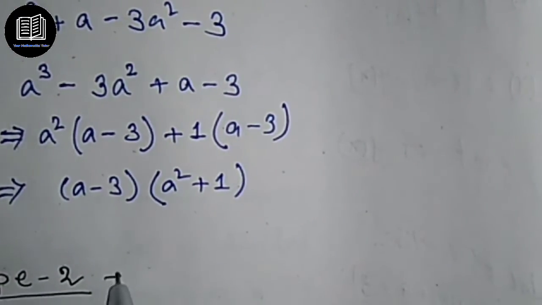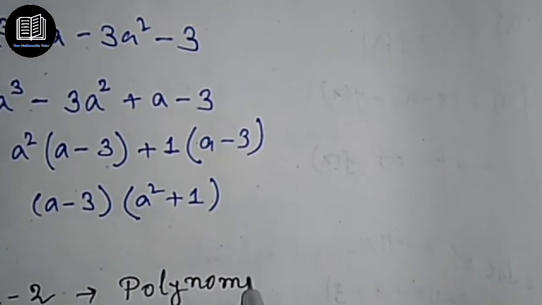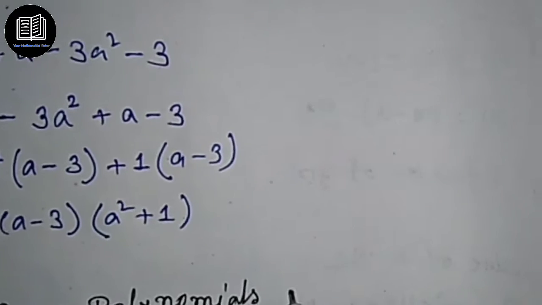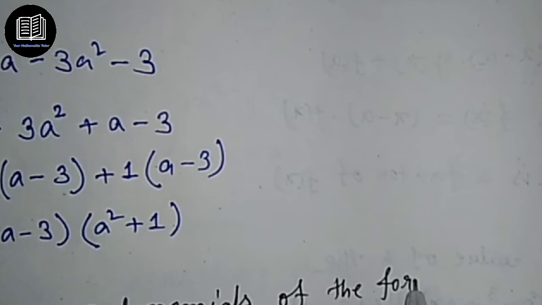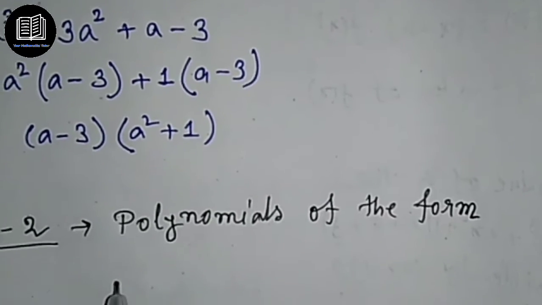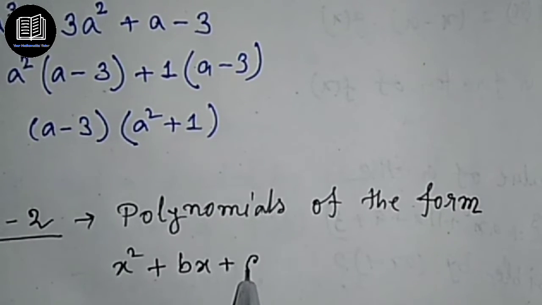Type 2 is polynomials of the form x square plus bx plus c.